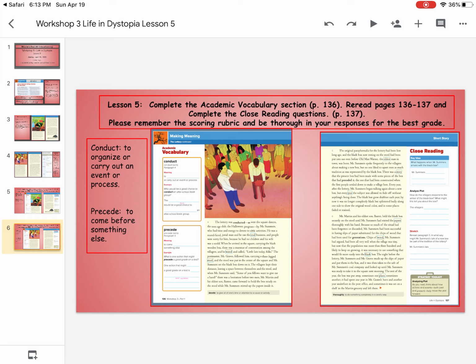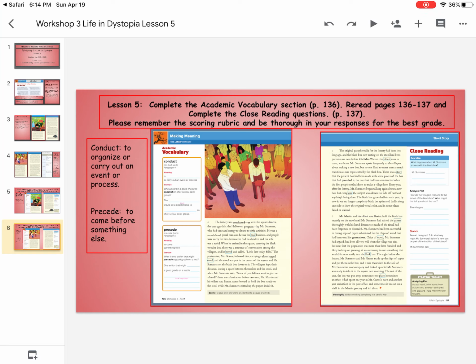Now, when we look at analyzing plot, you're going to be referring to pages 136 and 137. How do the villagers respond to the arrival of the black box? What might that tell you about the box? Okay.